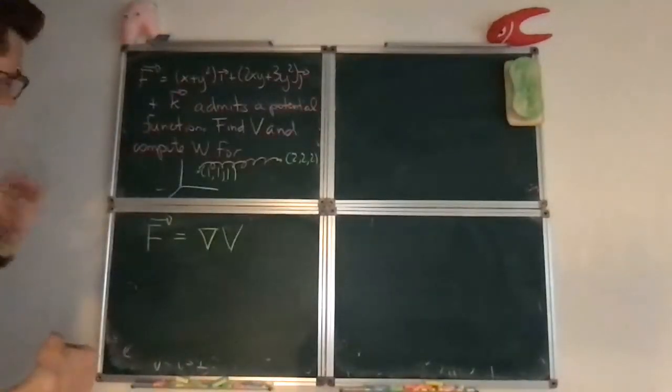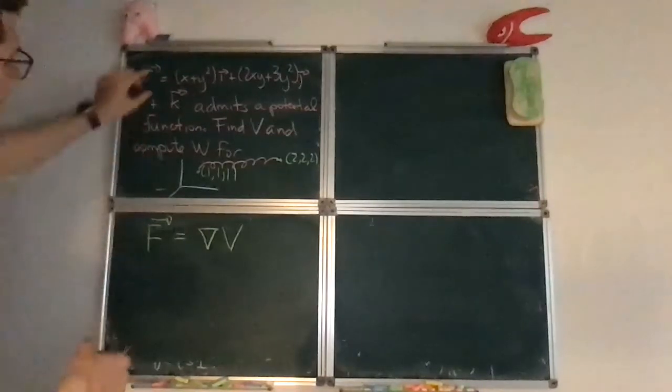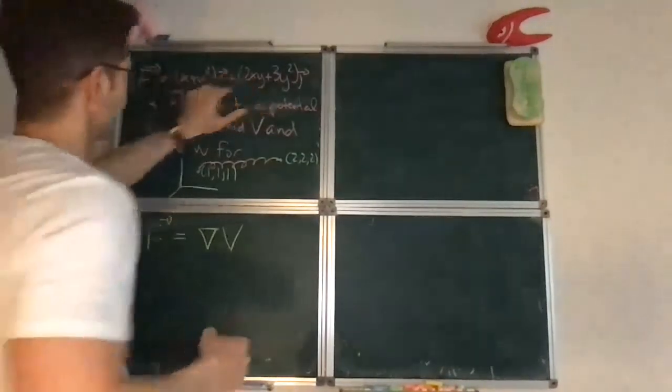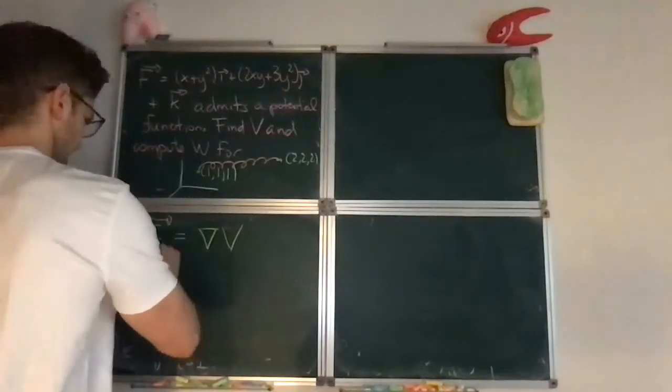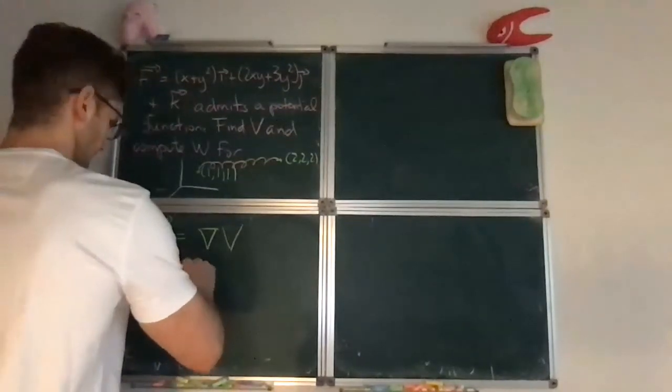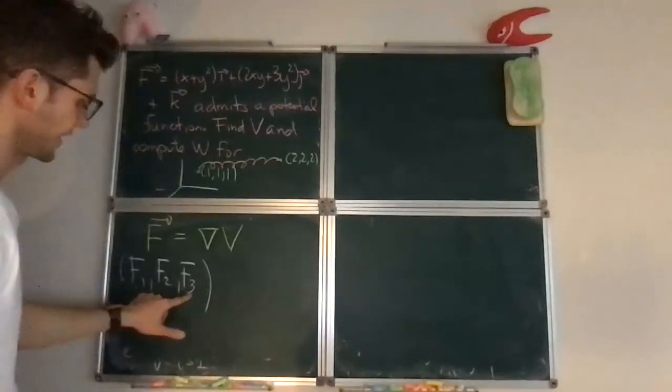The way in which you find potentials in general is that this vector field has three components, F1, F2, and F3, along the I component, J component, K component.